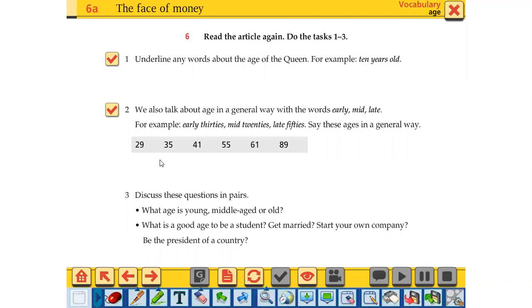You have to write some examples. You have to write 1 or 2 examples here using these ages. For example, 29 is late 30s. Okay.